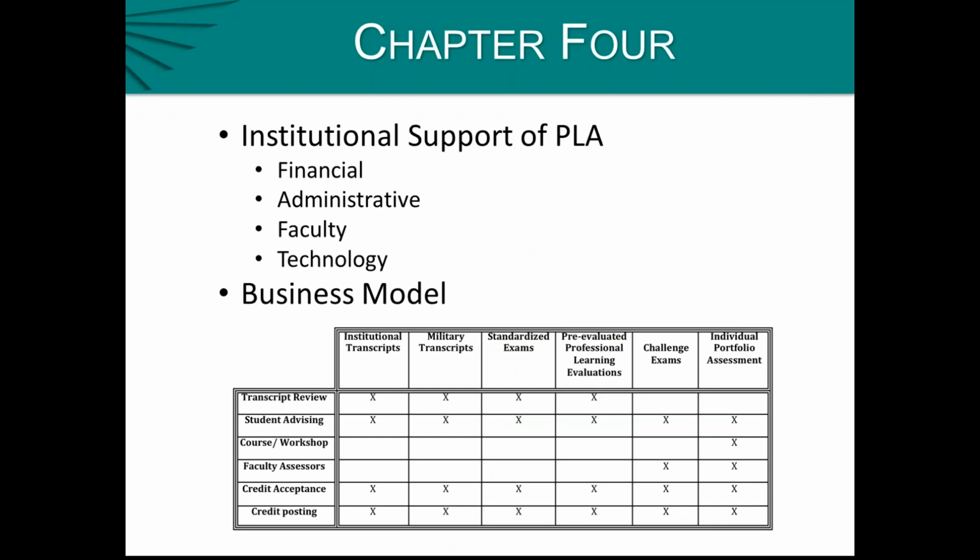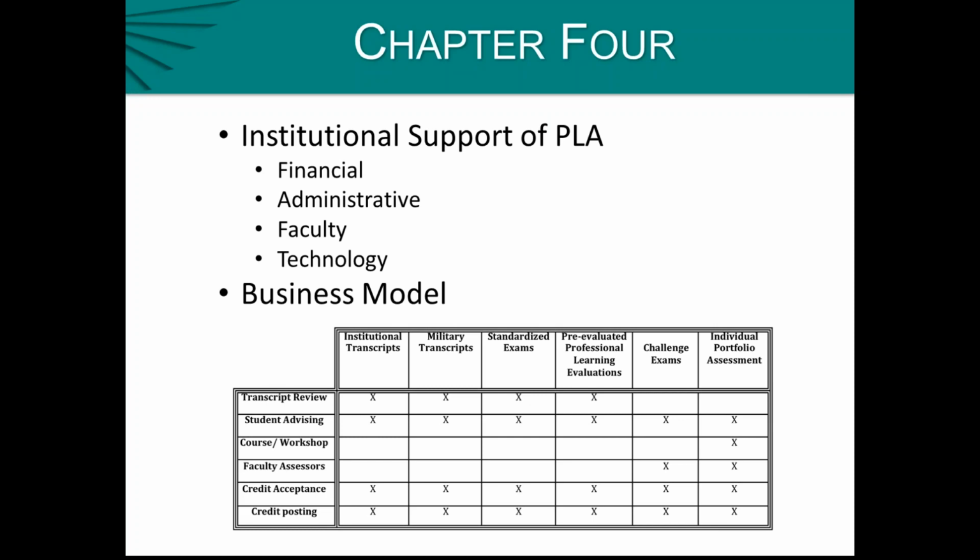Chapter 4 looks at institutional support, and there are 4 areas that I address: financial, administrative, faculty, and technology. It's important that there is administrative support and that it is expressed outwardly across the institution.